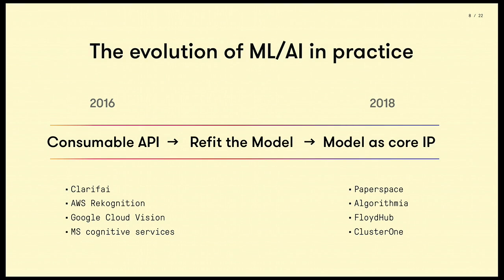Another really interesting evolution that we've picked up on in modern ML in practice is that in the last couple of years, there's been a transition. A few years ago, people were obsessed with this idea that everything would be an API. So you have the image recognition API, the NLP API, the recommender system, the churn prediction API. And this is an example of trying to shove deep learning into a web services model.